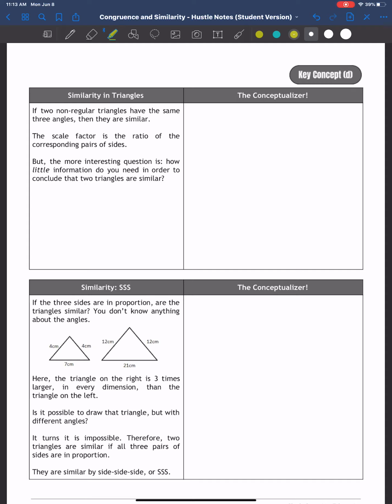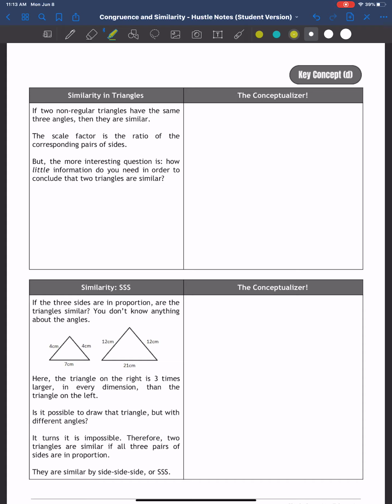Similarity in triangles. So again, this is where knowing your different side, angle, side will come in handy for you, right?